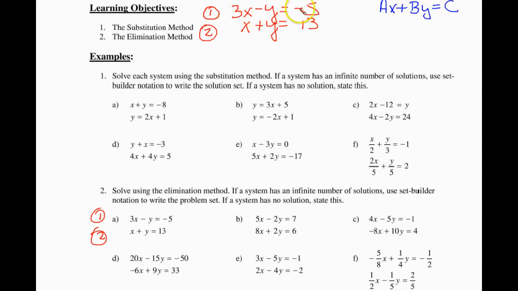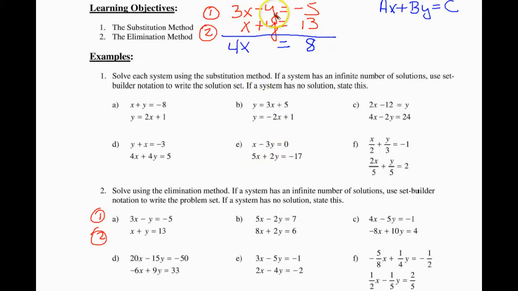Now, when we set them up in standard form, notice if we just put a line underneath them and we add them up together, then this becomes 4x. This cancels out. This becomes a 0. And this is going to become an 8 here.